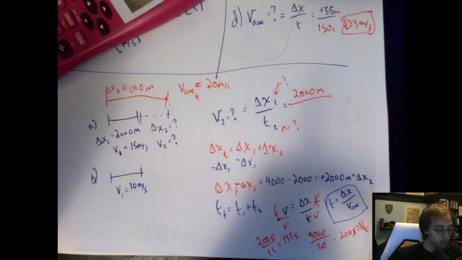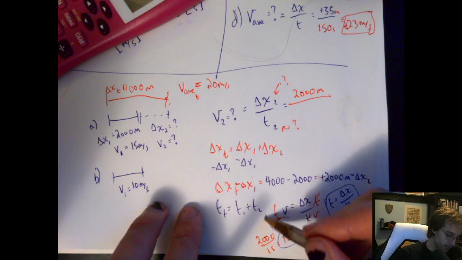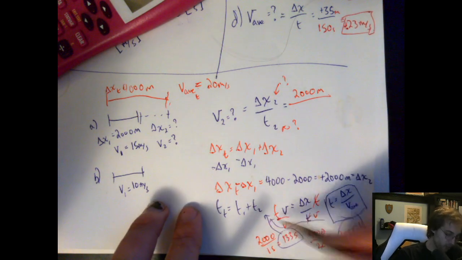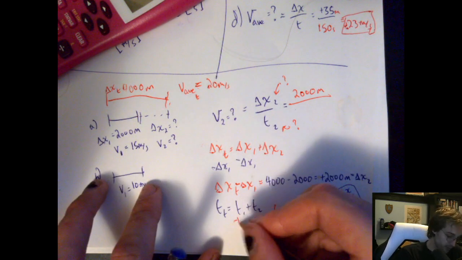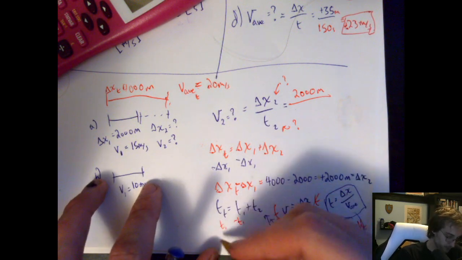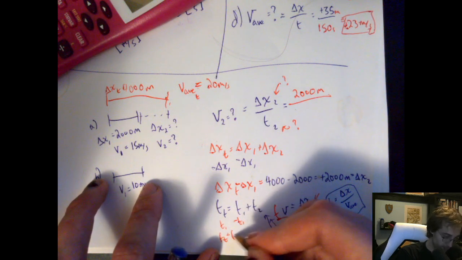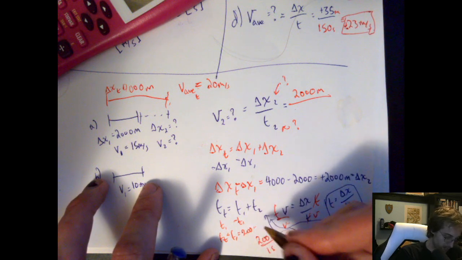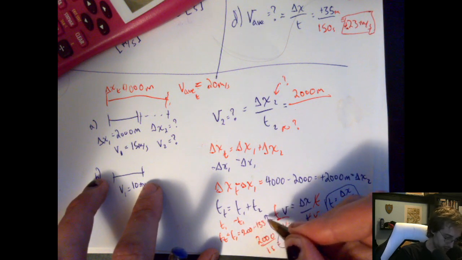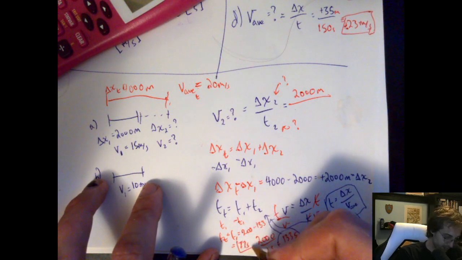And so what I can now do is I can take these two pieces of information and bring them back over here to this equation to find time 2. Once again, I am going to have to subtract by the time for the first one, which will give me the total time minus time 1. And that'll equal our 200 minus our 133, which will give us out 77 seconds.